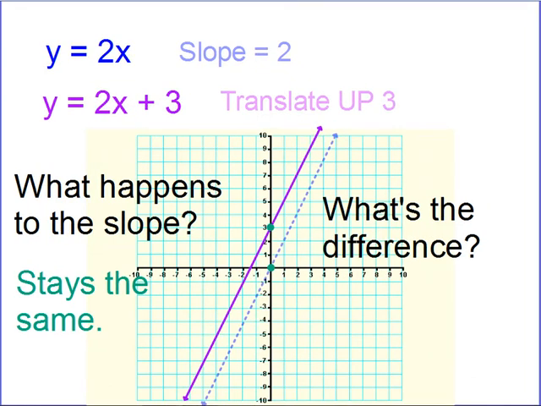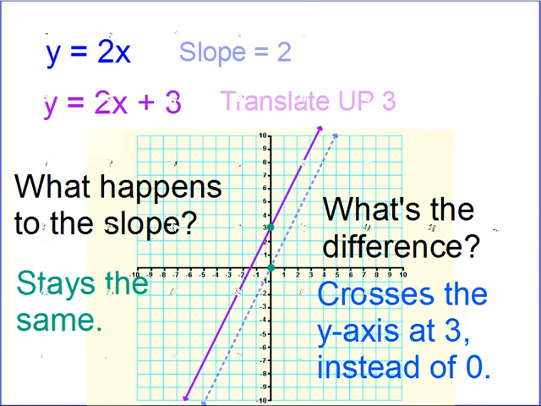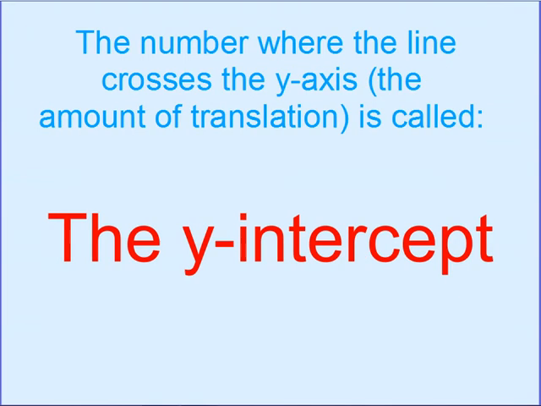If my slope is 2 for both lines, what's the difference? It simply is that the new line crosses the y-axis at 3 instead of at 0. The number where the line crosses the y-axis, right, or the amount of translation, is called the y-intercept.